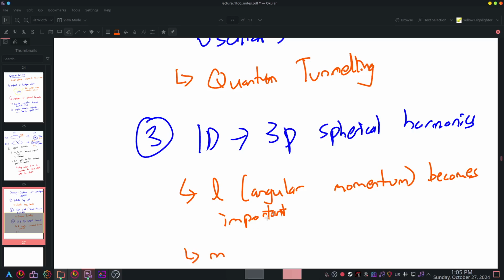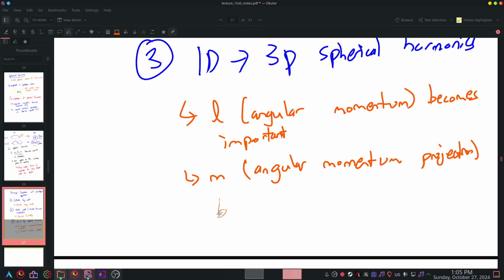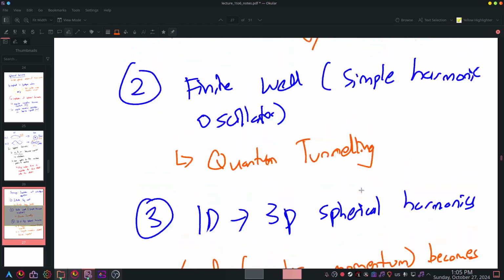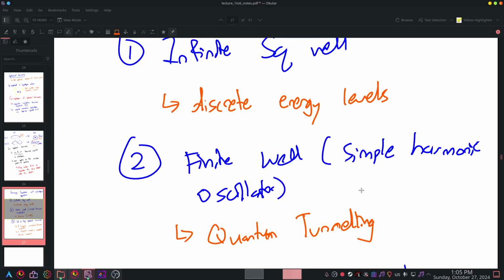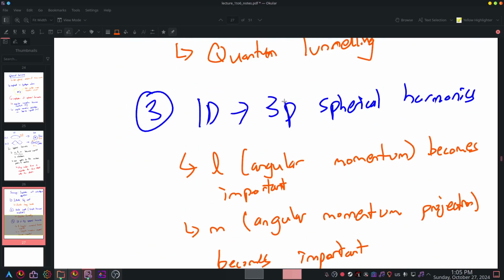And the M number, angular momentum projection, and this is also related to the magnetic moment, if I'm not wrong. This projection also becomes important. All that has to do with all the math and the derivatives, but I'm just taking out the math and saying after you do all that math magic, these are the implications. Discrete energy levels, you have quantum tunneling, you have these angular momentum thingies that become important because of the math.